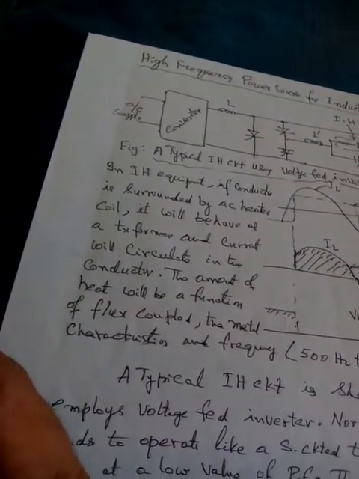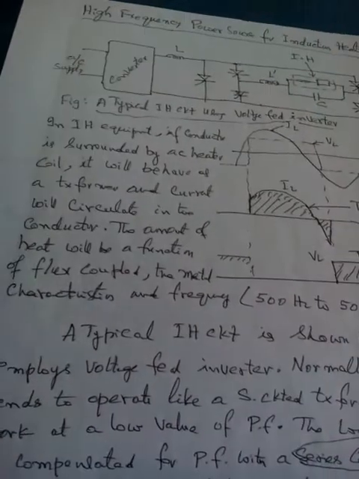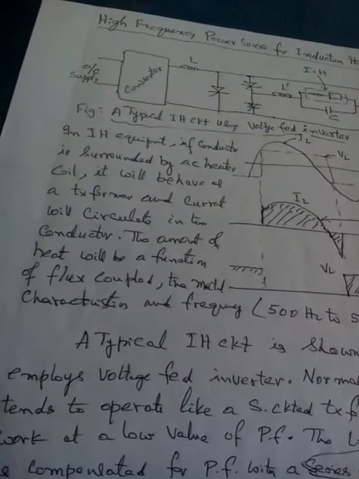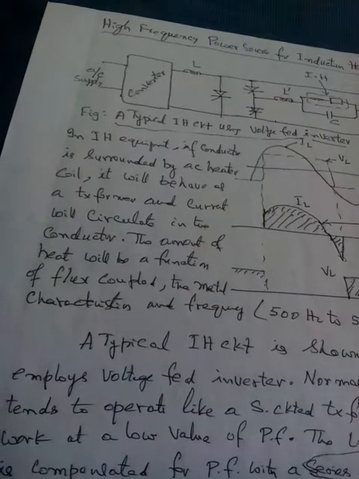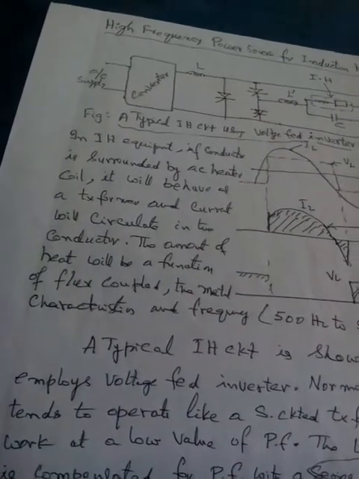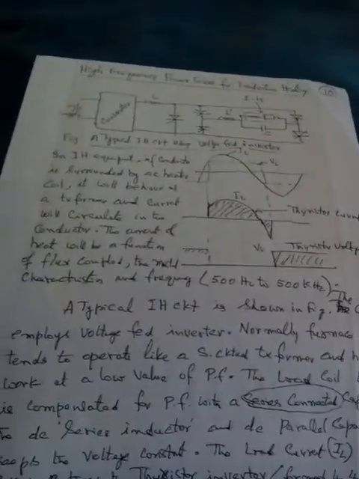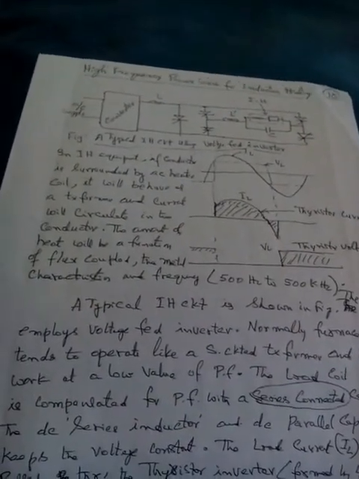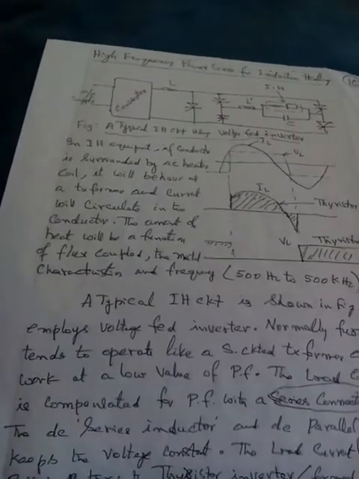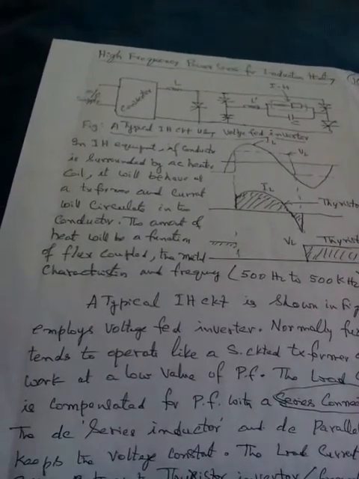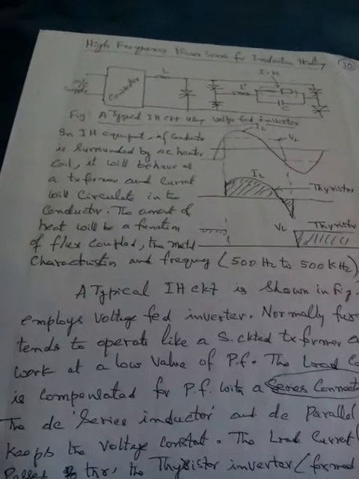As already explained, the amount of heat produced depends on these three factors: conductivity, flux or magnetic field, and frequency. These are the three factors which determine the amount of induction heating.